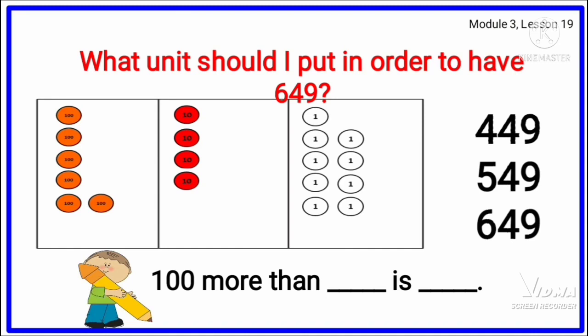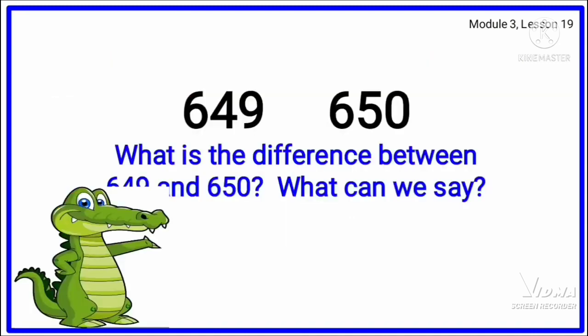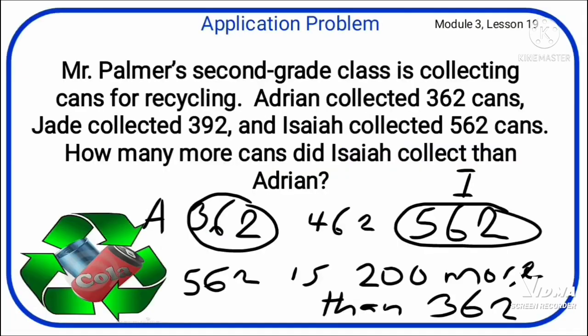So look at these two numbers. What is the difference between 649 and 650? Just add 1 to 649. 1 more than 649 is 650.